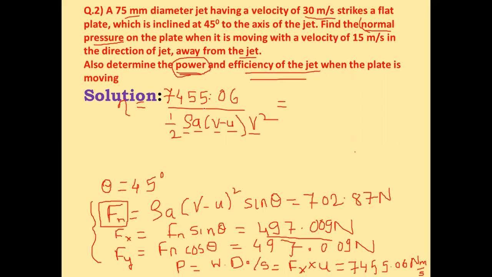Sorry, output is work done per second. It will be in the numerator, and input is the kinetic energy of the jet, which will be in the denominator, half mv square. We have already found the work done per second here. We'll just calculate.